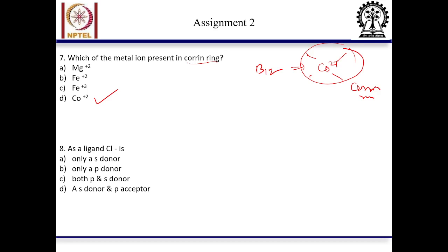What is the answer for question 8? Anyone else?